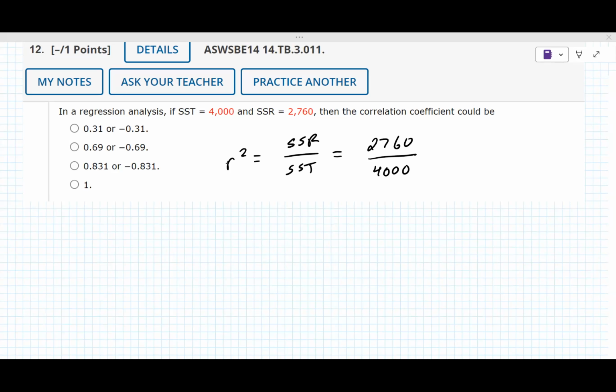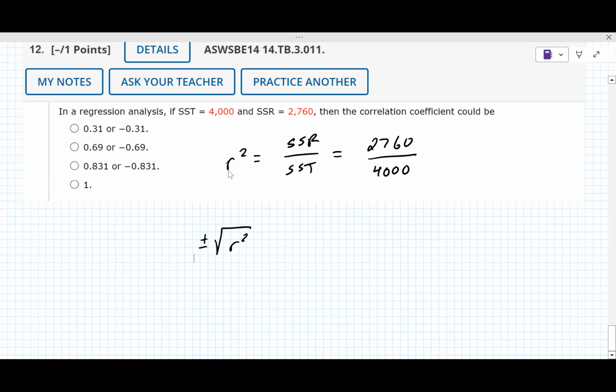Now, why do you think it's giving you two options here? Any idea about that? Kind of talked about that in a problem or two ago. So remember when we said if you take the square root of R squared, that it's really plus or minus. That's the issue here. Now, we have not taken the square root of this yet.